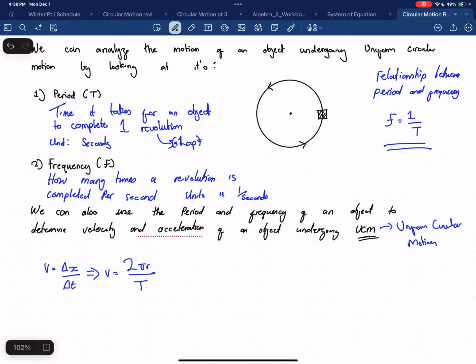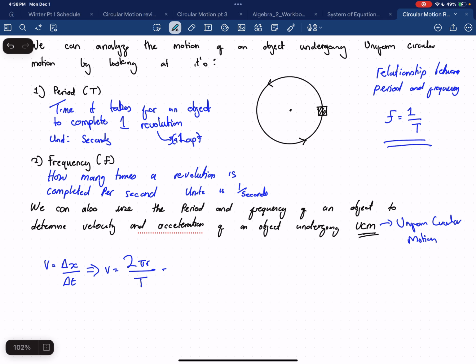And this equation has another form. This is also equal to 2 pi r f. The f really just comes from this being 2 pi r times 1 over T. It's the same thing mathematically, and 1 over T, as we saw earlier, has a relationship with frequency.